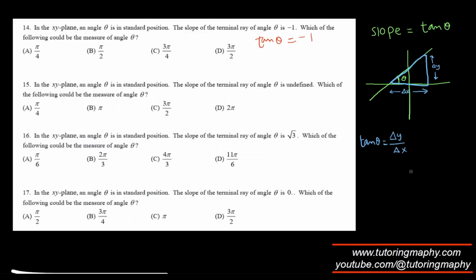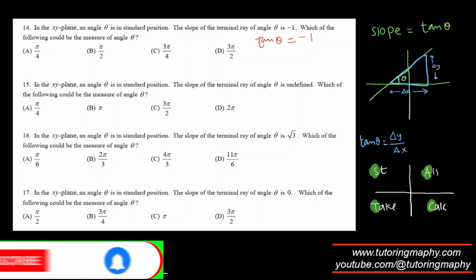I talked about all students take calculus, which is very important. Here A means all trigonometric functions in quadrant 1 are positive. S means only sine and cosec. T is tangent and cotangent, and C is cosecant and secant are positive.